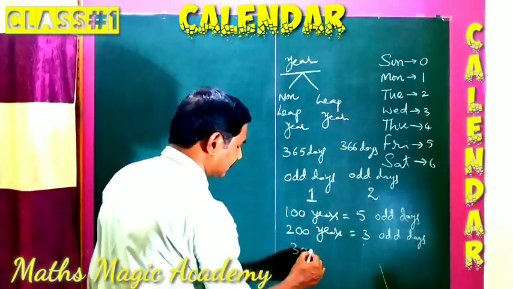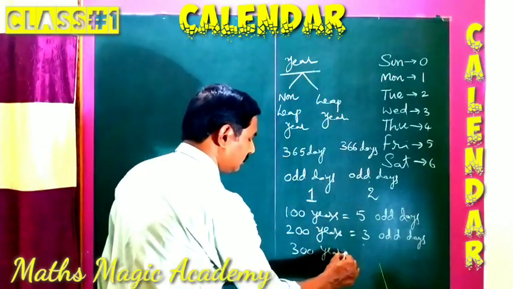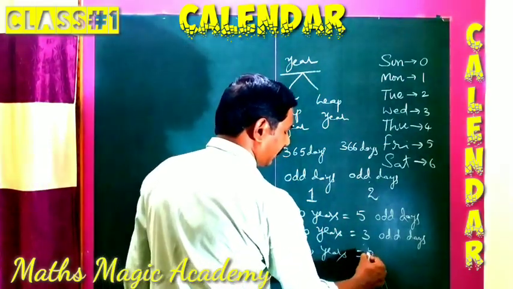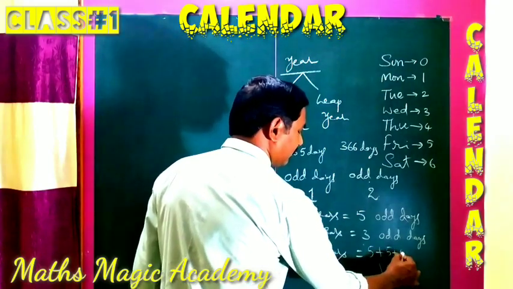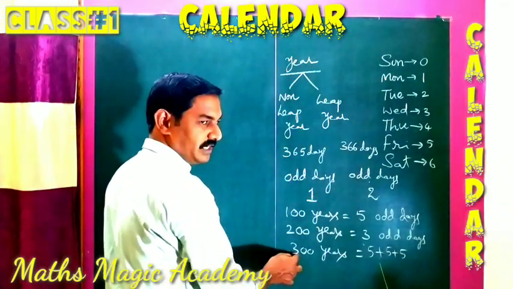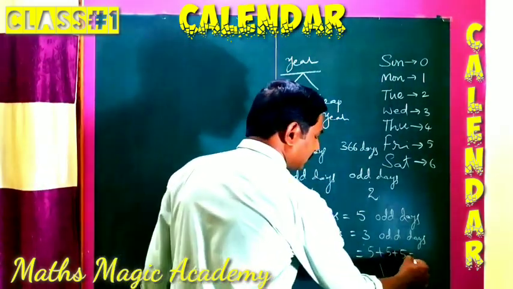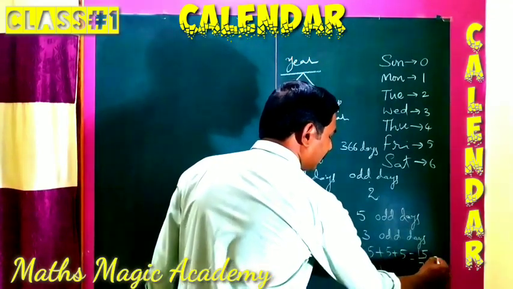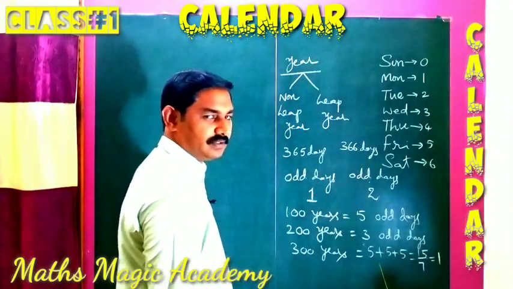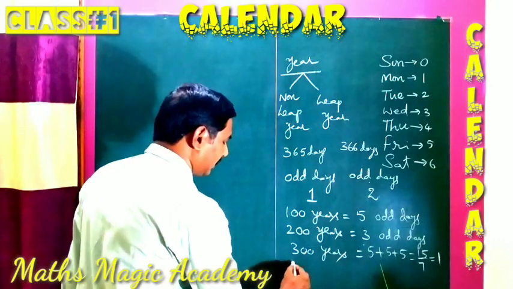Next, 300 years. Here also, 5 plus 5 plus 5 is 15, divided by 7, we get 1. The odd days are 1.